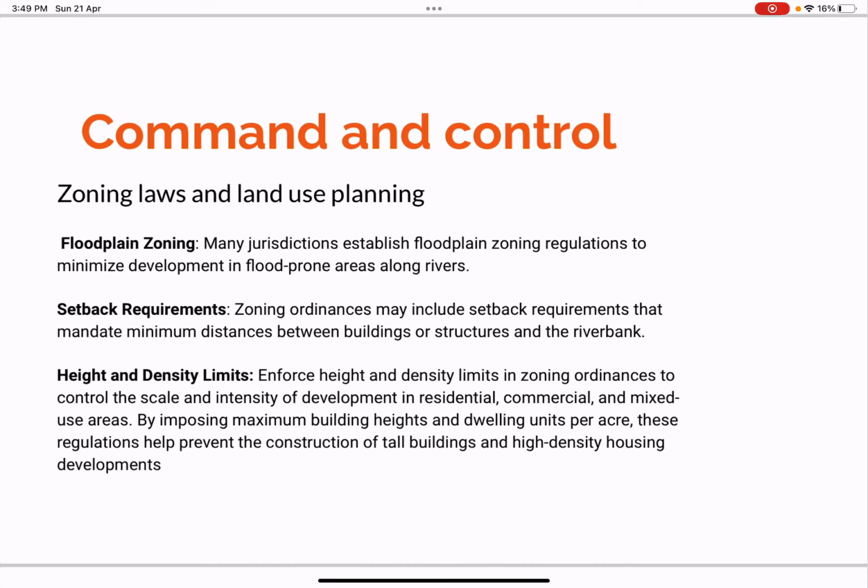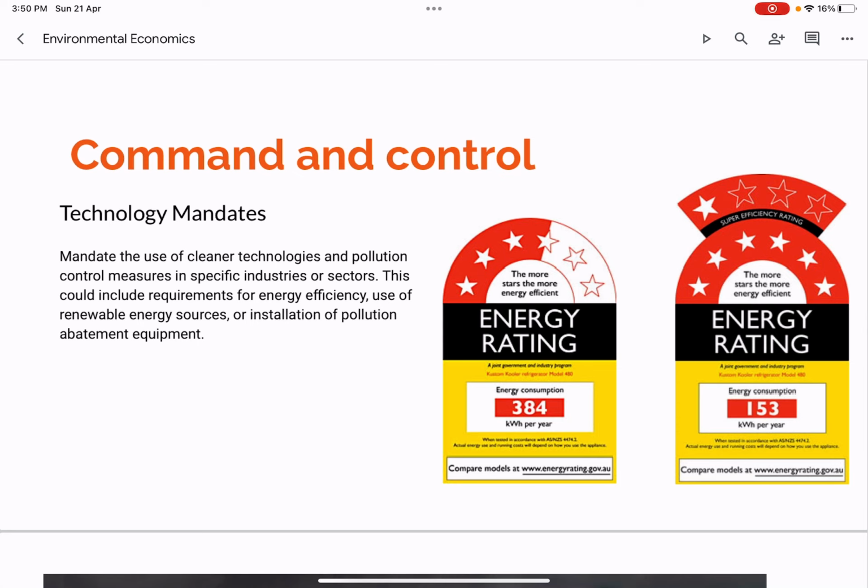Another command and control approach which is popular is in energy conservation, where you'll find that there are mandates by the government to manufacture the energy intensive instruments or consumer goods, and specify their consumption with the help of some energy rating, right?